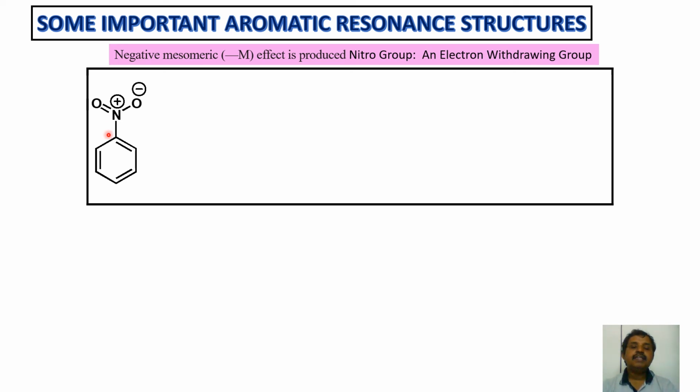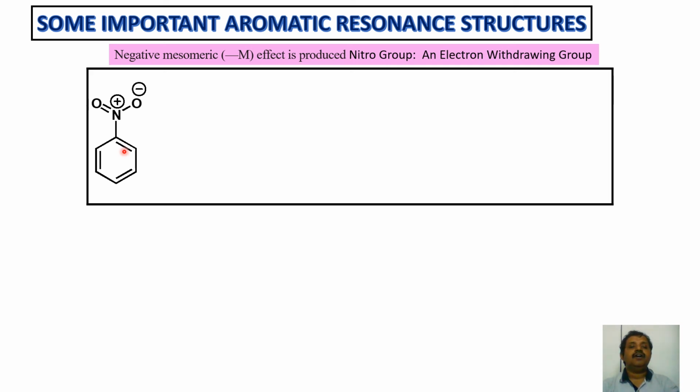Whenever the double bond undergoes cleavage, the oxygen attracts the pi bond electrons. So nitrogen gets an extra positive charge, which attracts the electronic system from the benzene ring.